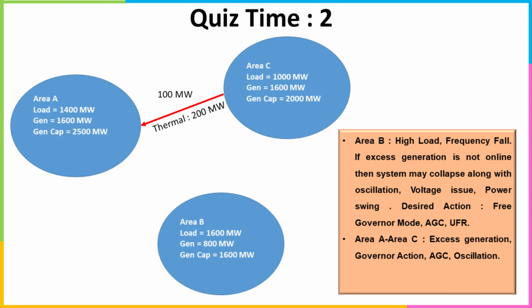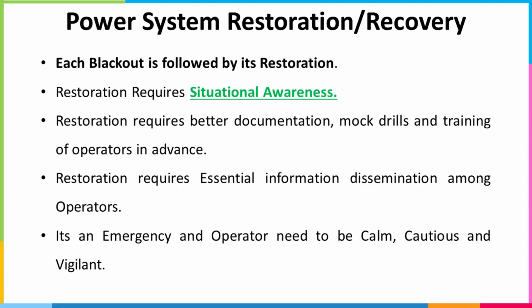Okay. So we have seen in the area B case that it can go for a blackout. Under that condition, we also have to think about the restoration side. So what is power system restoration? It is basically an activity after each blackout, where we have to restore the system. The most important requirement is situational awareness.